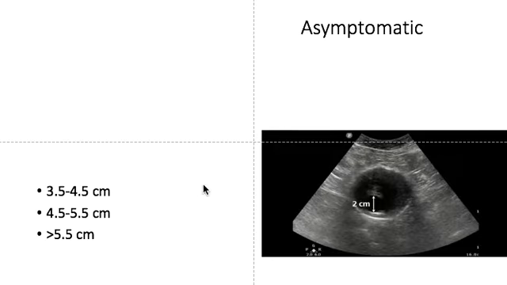Then the secondary determinant comes, the condition of the patient. So if you have a very elderly patient, say 90 years, with multiple comorbidities, of course you may decide to observe, because there the mortality can be high. So if it's over 5.5, if the patient has a good risk for surgery, you plan for your elective aneurysm repair. So that is how you manage asymptomatic people.